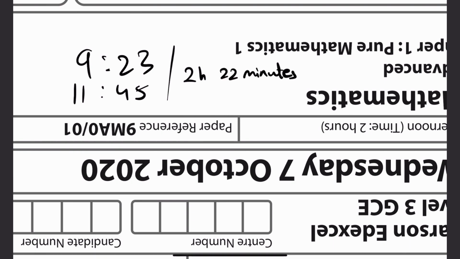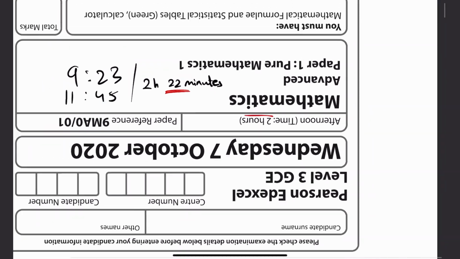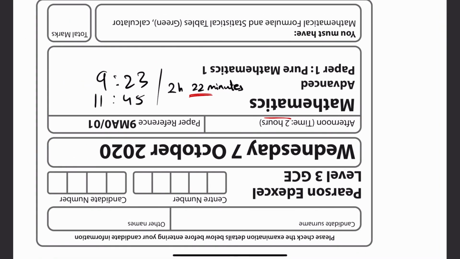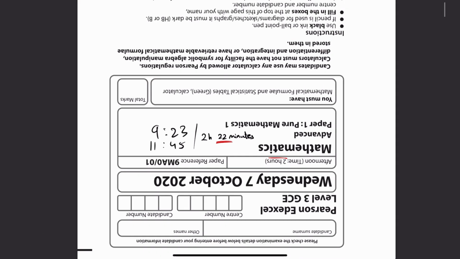So I guess that's the penalty I had to pay for doing it, because it's a 2-hour exam, and it's 22 minutes over, so that is the penalty I had to pay for doing it upside down. But yeah, thanks for watching.